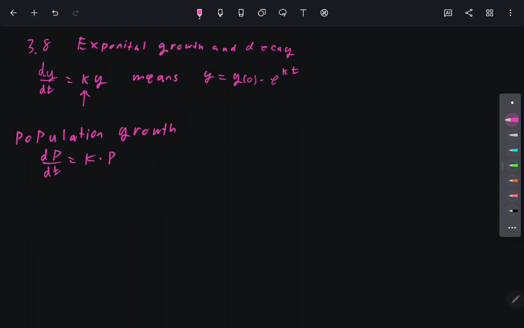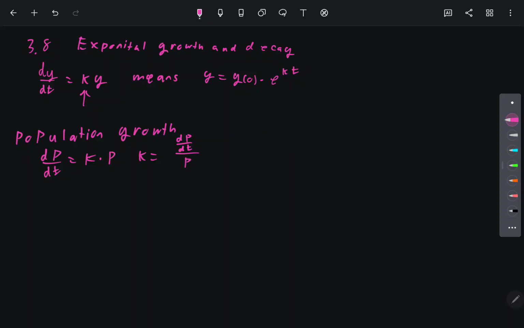Well, if we want to know what k is, we can just solve for k. So k is really just the derivative of population with respect to time divided by population. But it gives us an easier way of saying the growth rate's proportional to the population size.